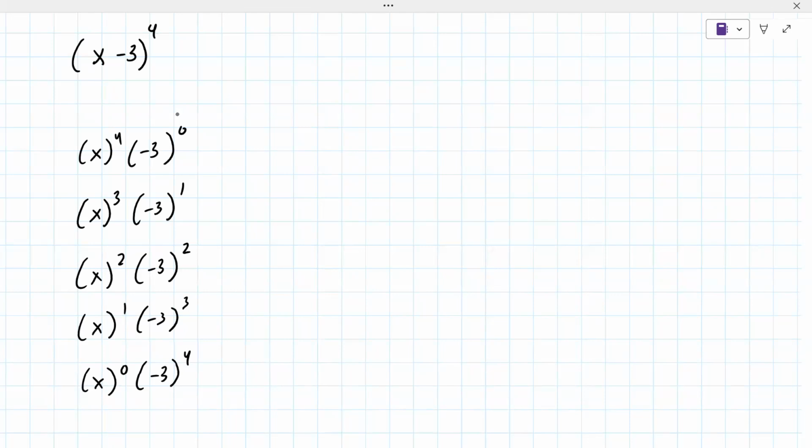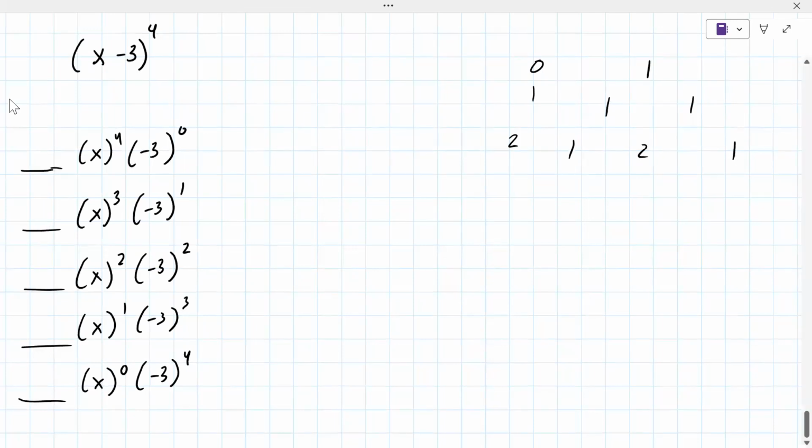Is that okay so far? Yeah. Now they all need a coefficient. So that's where you go and build your Pascal's triangle if you don't have it in the classroom. So this is row 0, row 1, row 2. So we need 5 coefficients. 5 coefficients.